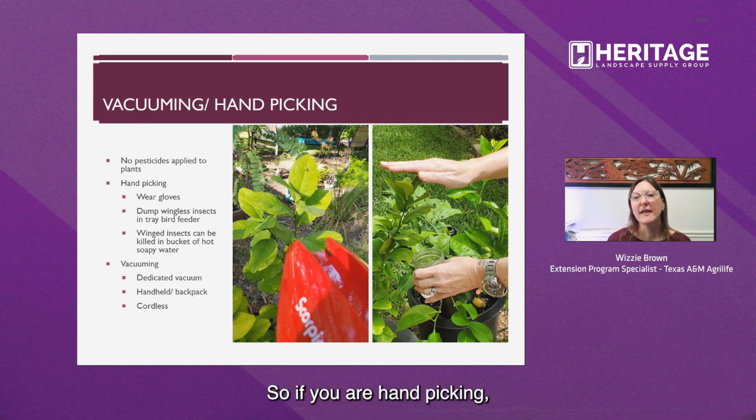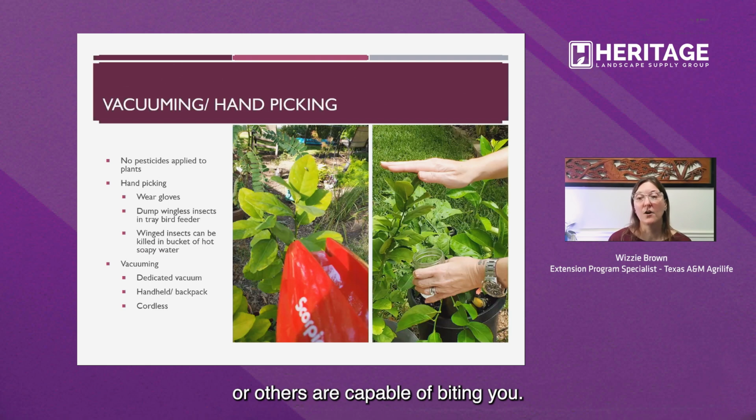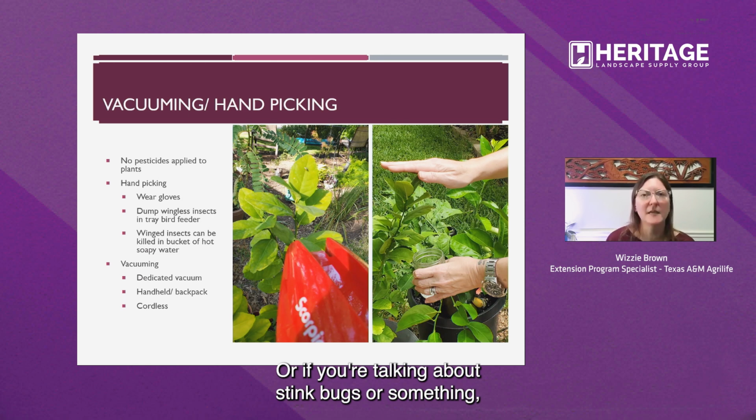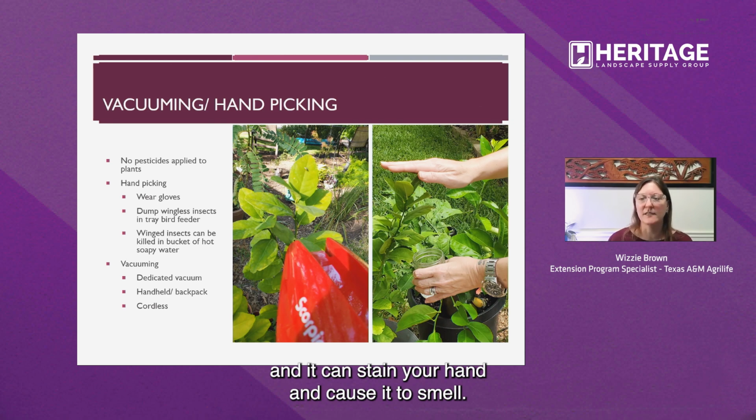So if you are hand picking, you again want to wear gloves because some of these insects are capable of stinging or others are capable of biting you. Or if you're talking about stink bugs or something, they have scent glands that they can then spray on your hand and it can stain your hand and cause it to smell.